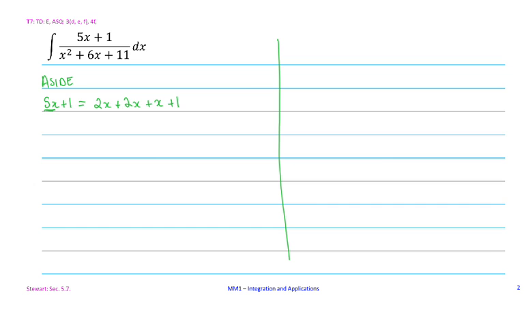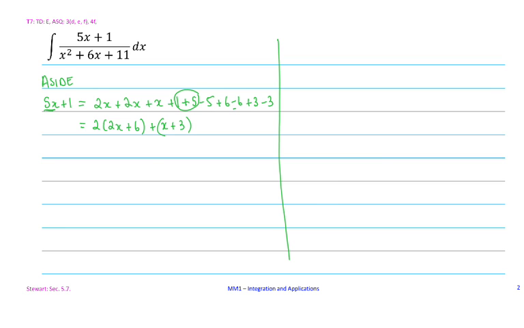So we can get this by actually adding 5 and minusing 5. That will give us our first 6. Then we add another 6 and minus the 6, because that means we're adding 0. And then we can add another 3 and minus the 3. So we end up having 2 outside of 2x plus 6 plus an x plus 3.